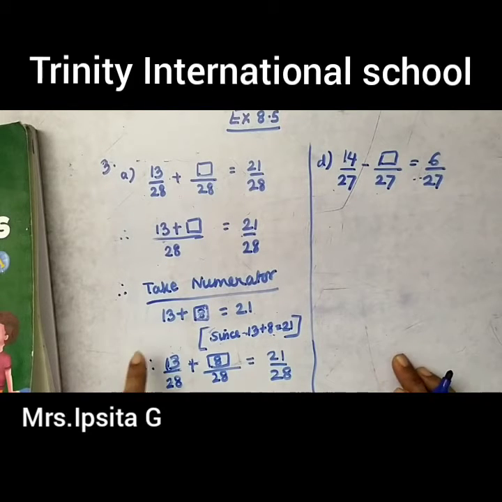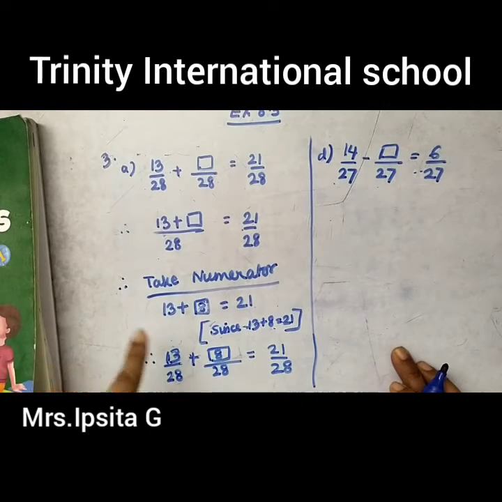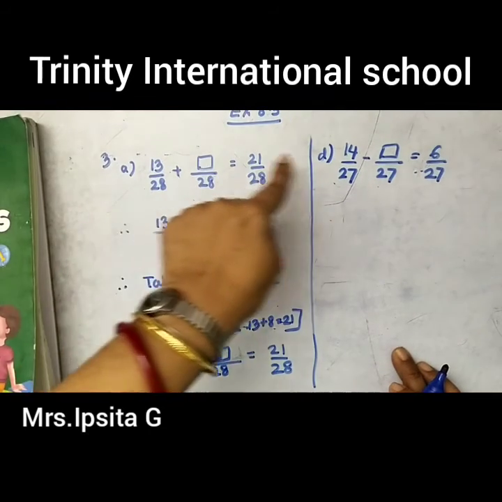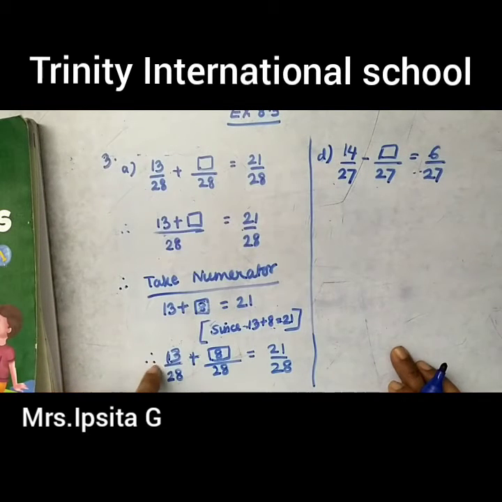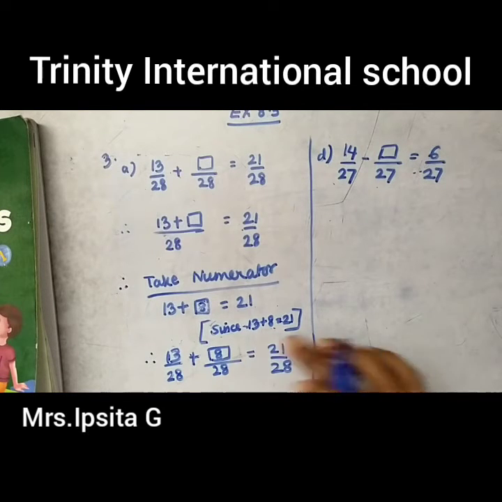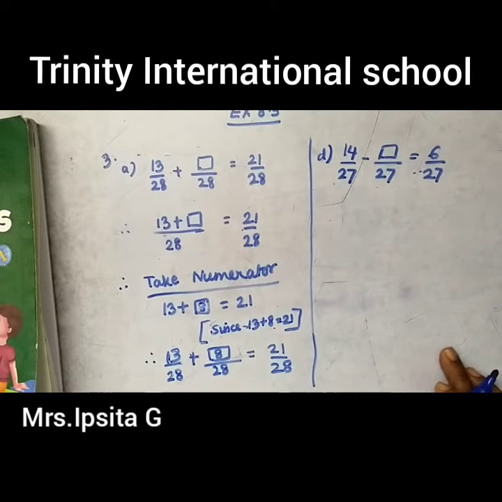So now see 13 plus 8 is equal to 21. So we have to write, since 13 plus 8 is equal to 21, then we have to write ये वाला जो फर्स्ट जो स्टेप था वही हमें यहाँ लिखना है और बॉक्स में 8 लिखना है. So this gives you the missing number. Okay, so this is how you have to do the question.